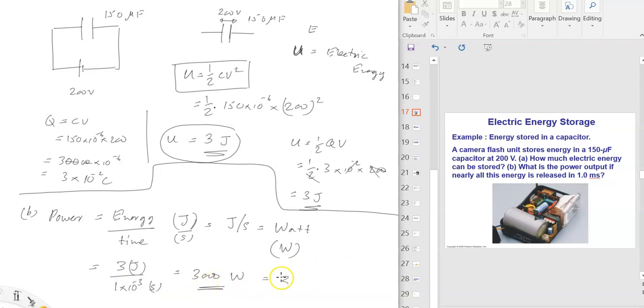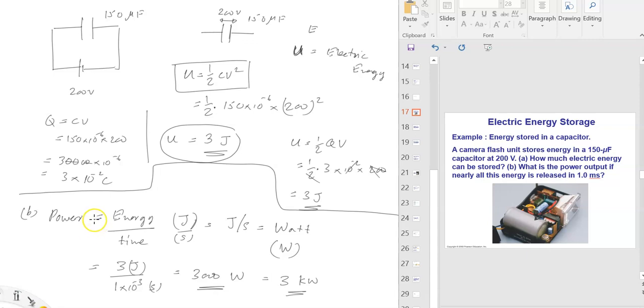Or we can say 3 kilowatts. Okay? Alright, that is energy storage. We'll discuss a few more examples in class and also through quizzes.